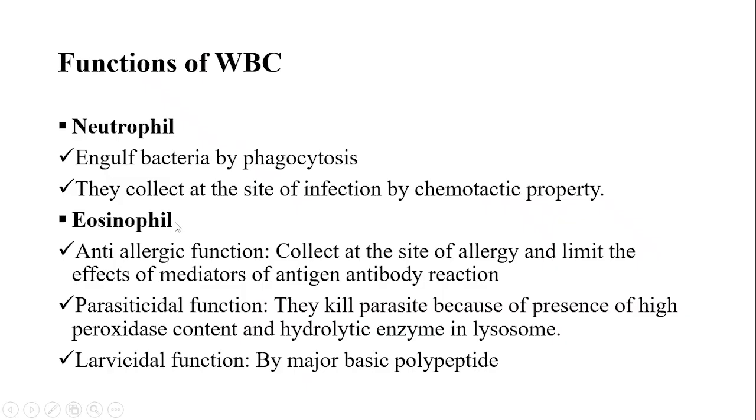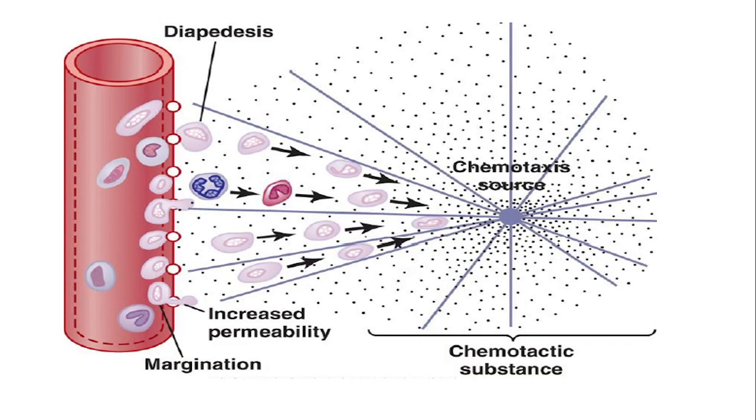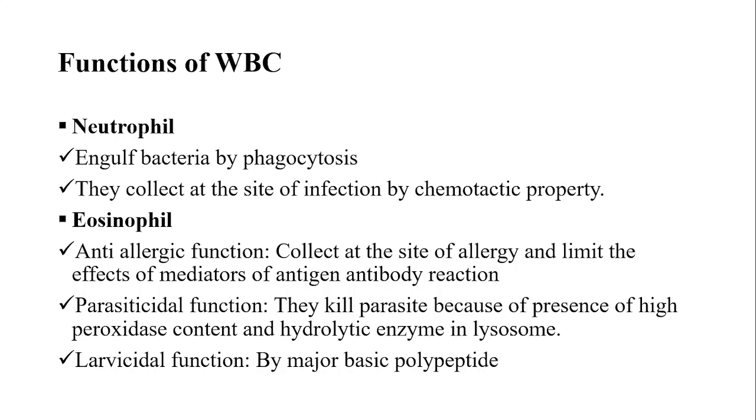Then they squeeze through the vessel wall, and this property is called diapedesis. And then they move through amoeboid motion by the formation of pseudopodia. This is called amoeboid motion towards the source of chemical substances, which is called chemotaxis, and ultimately after reaching that substance they will kill or digest the substance by the process of phagocytosis.